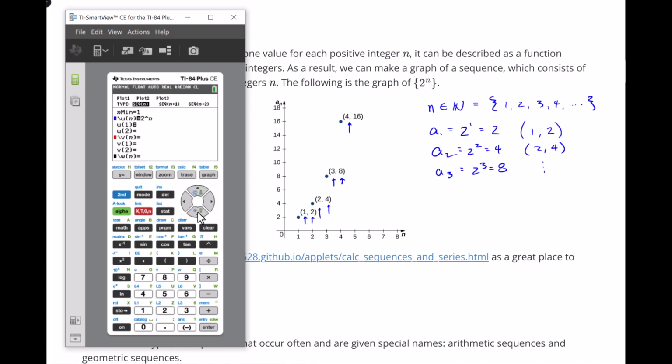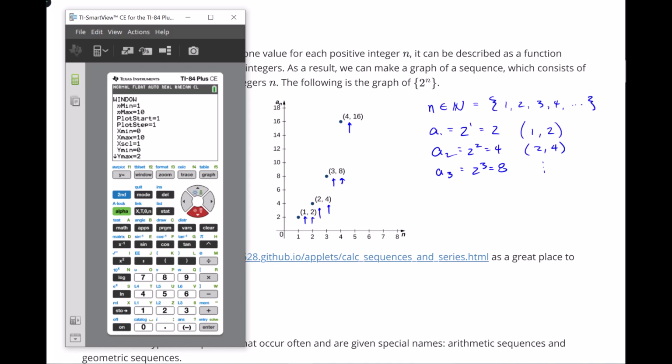But I think we can just do, say, 2 raised to the n. And then we don't necessarily need to put in u sub 1 and u sub 2 unless we have a recursive definition. Then if you check the window settings, n starts with 1. That's good. That's where we always want to start, unless told otherwise. N max is 10. That's fine. And then the plot start and plot step, just leave those unchanged.